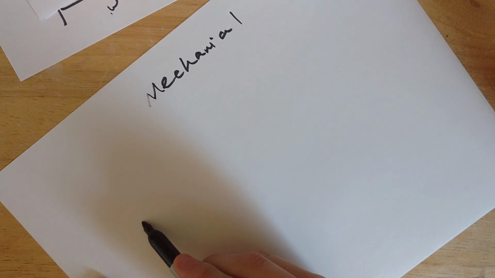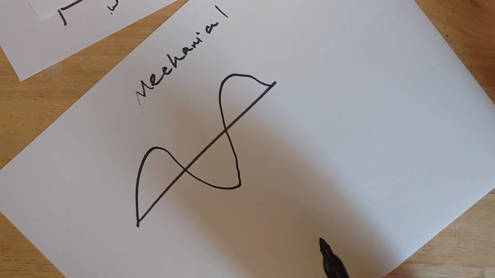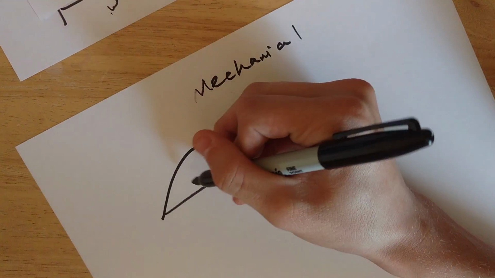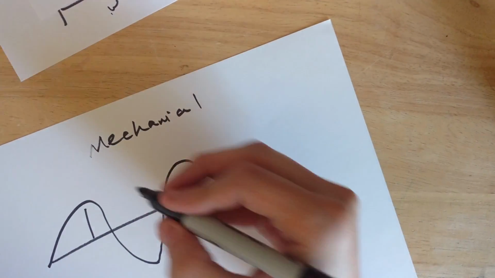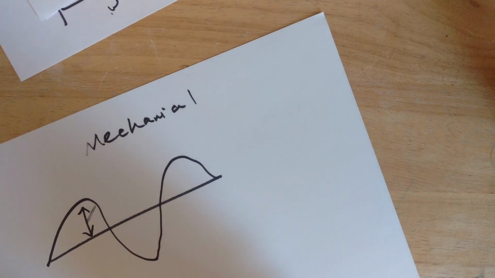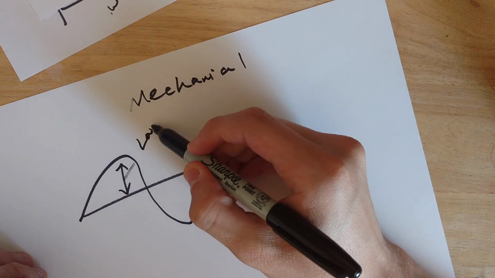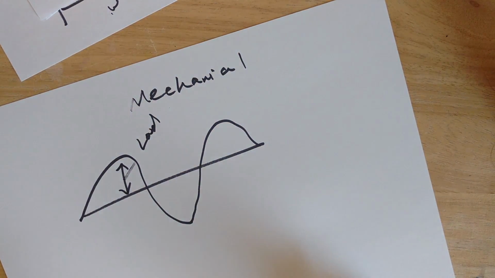I'm just going to draw a quick wave diagram to explain a few things. So the amplitude of the wave controls how loud something is. The greater the amplitude, the louder it is. It's pretty self-explanatory.